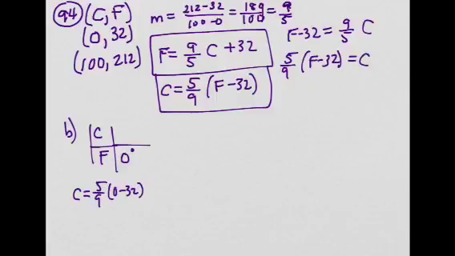And then just use your calculator. So C equals, after you multiply 5 times negative 32 divided by 9, I get negative 17.8 degrees Celsius.